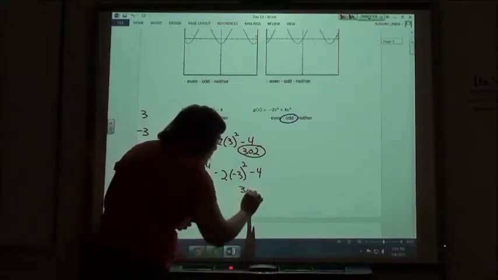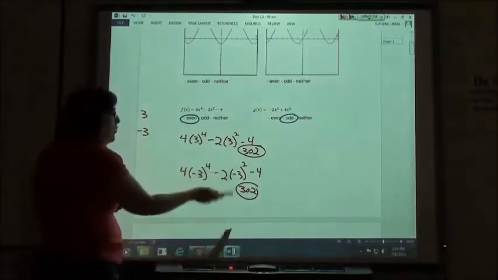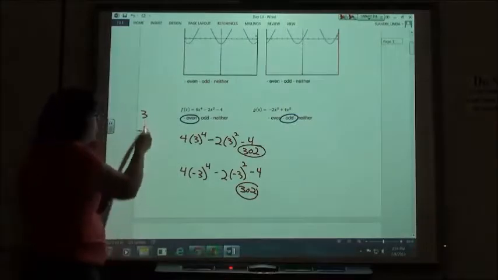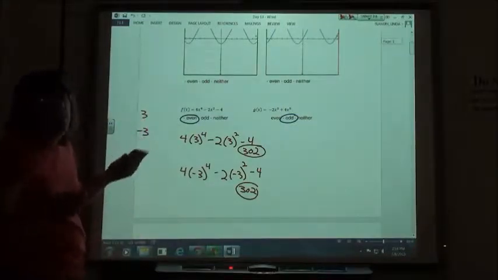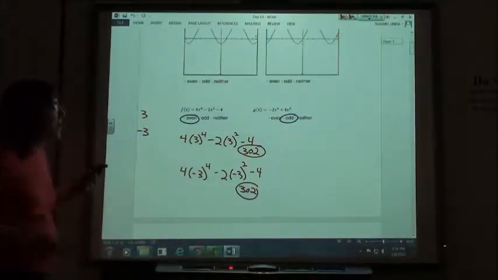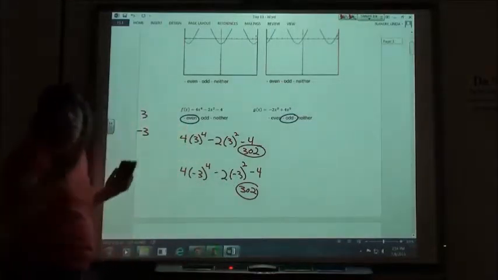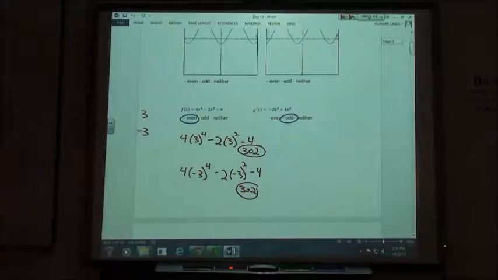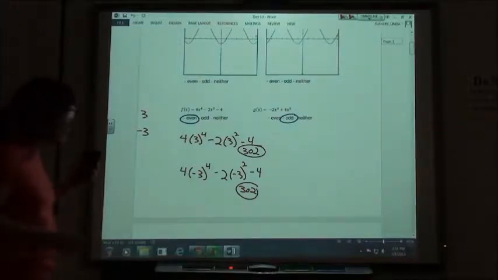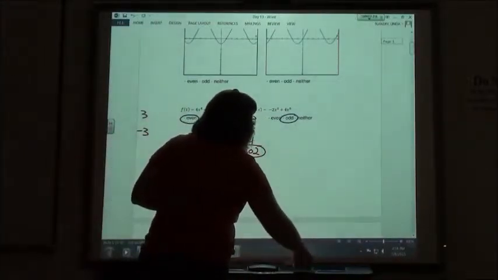Hey, I get 302. If I use my two opposite values, and you could do 3, 4, 5, bigger numbers than 1 or 2, but I like to use 3 and -3, if I get the same answer, it's an even function. We already knew it was an even function, but that's the way you test it if you can't tell by looking at it.